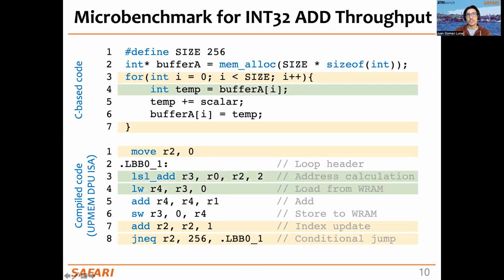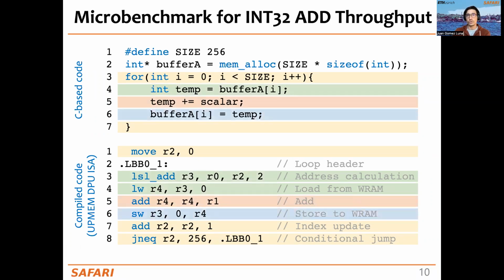We have accesses to WRAM. First of all, we need to calculate the address and then load one word from the WRAM into a register. Then we have the addition instruction itself, and finally we store the result to WRAM.